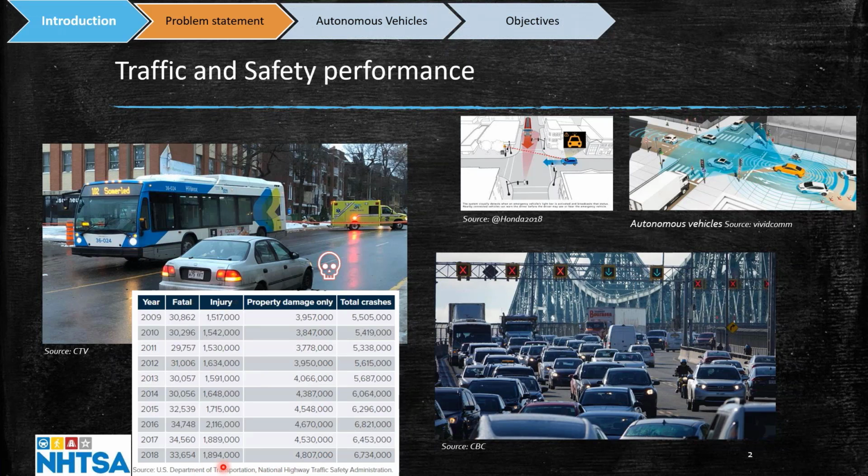This is the motivation for us to employ new technologies in enhancement of road safety. There are many solutions provided by researchers, and some propose using automated or autonomous vehicles.